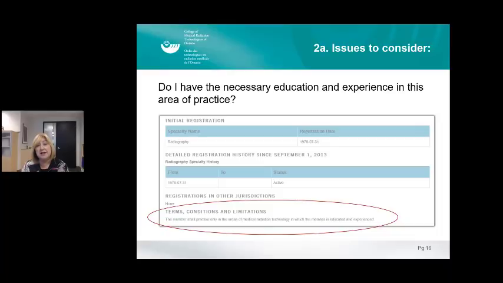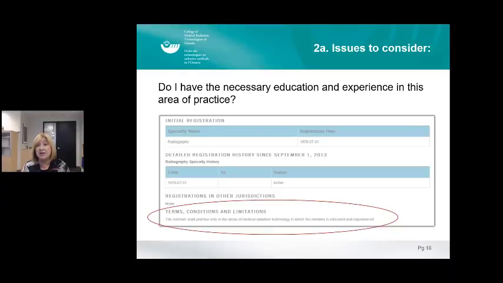So you can get a certificate of registration from CMRTO in the specialty of diagnostic medical sonography if you meet all the requirements for registration in just one of those areas of practice. So we do have registered sonographers who only have the area of practice of vascular, although it doesn't appear like that on their certificate of registration.